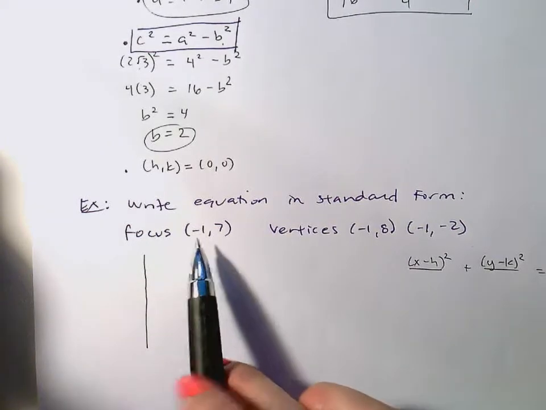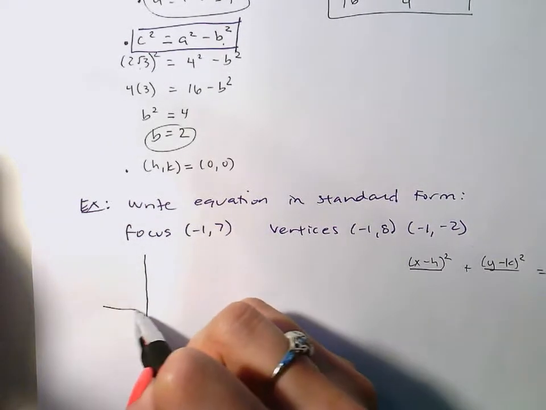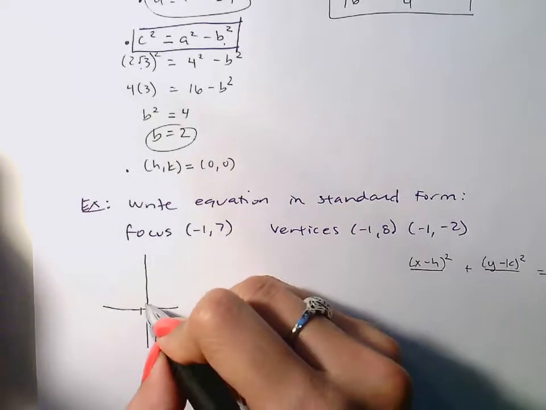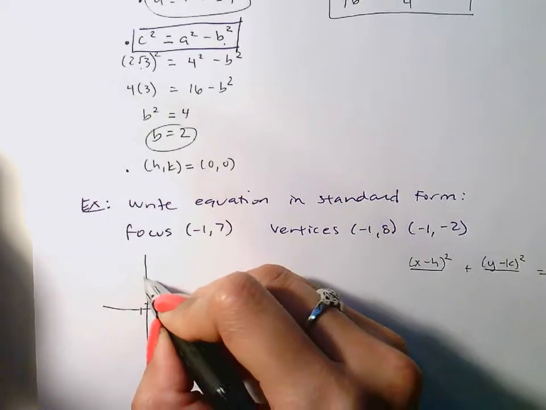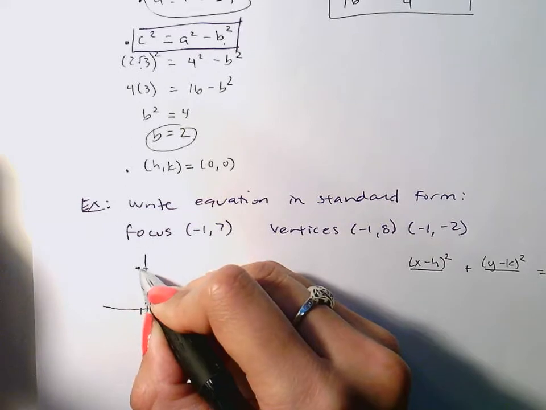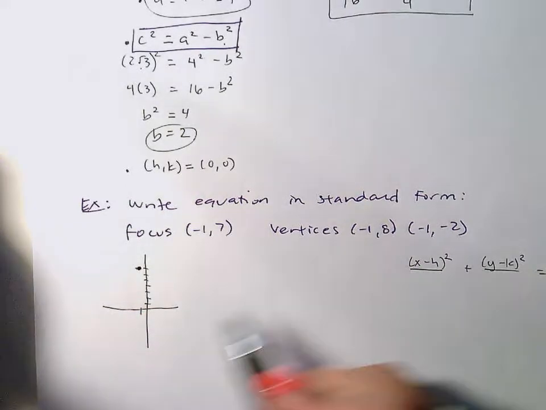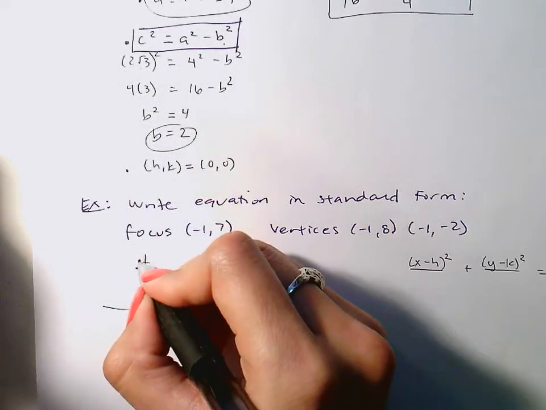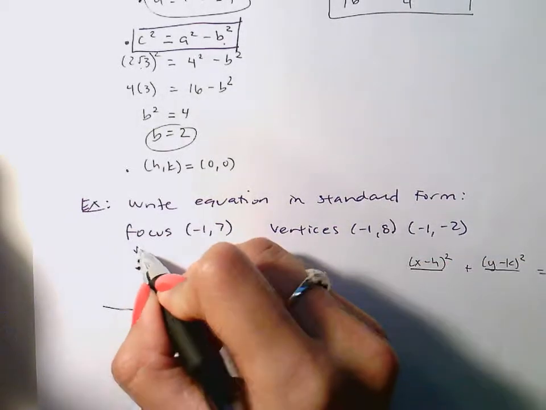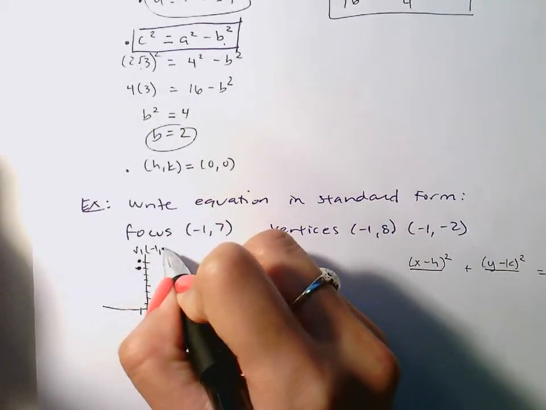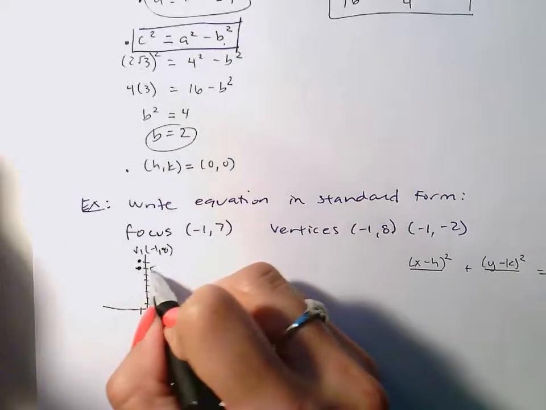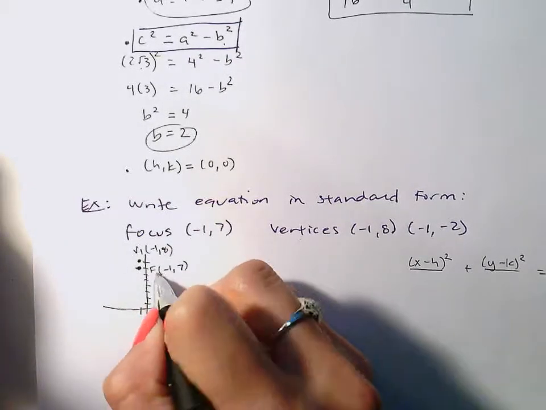So focus of negative 1, 7. If I plot negative 1, 7, this is negative 1, 1, 2, 3, 4, 5, 6, 7. So this is my focus. Vertices negative 1, 8, so that means I go up 1 unit from this. So this is vertex number 1, negative 1, 8. This is the focus, negative 1, 7, focus number 1.